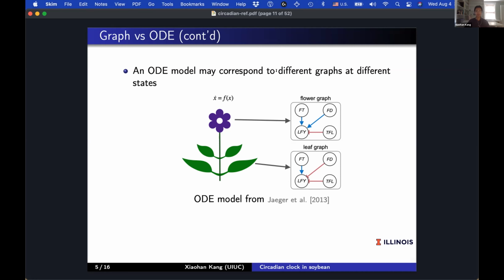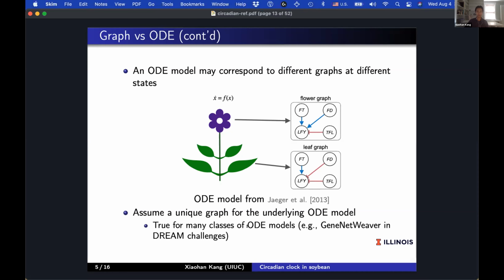As we have shown before in our paper, a differential equation model could correspond to different graphs in different parts of the plant. So we need to make the assumption that there's a unique graph for the whole system in different parts, and we have seen that that's true for many popular classes of ODE models.